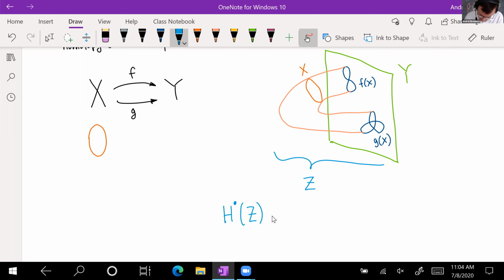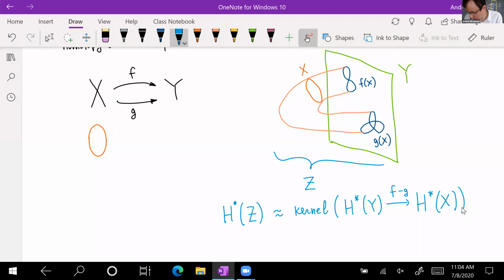So the cohomology of that would be sort of like the kernel of two different maps. I have the cohomology of Y, and then two different maps, so I can take the difference F minus G going to the cohomology of X.